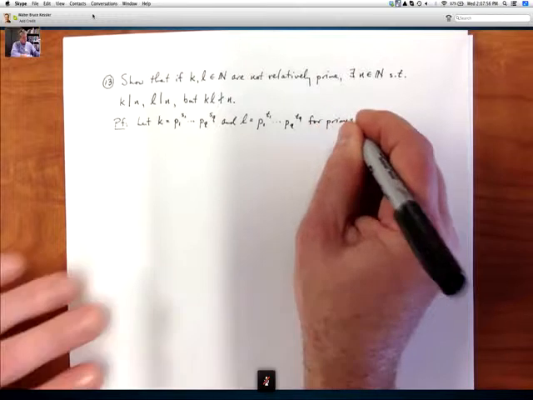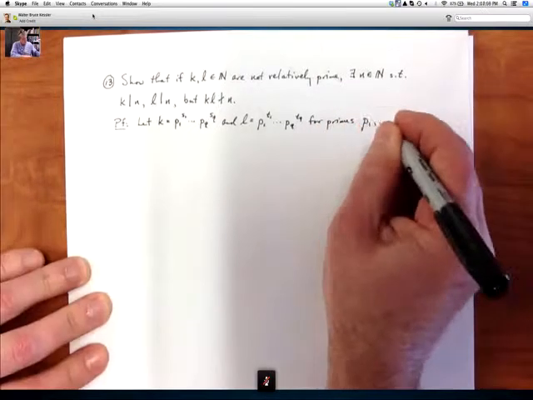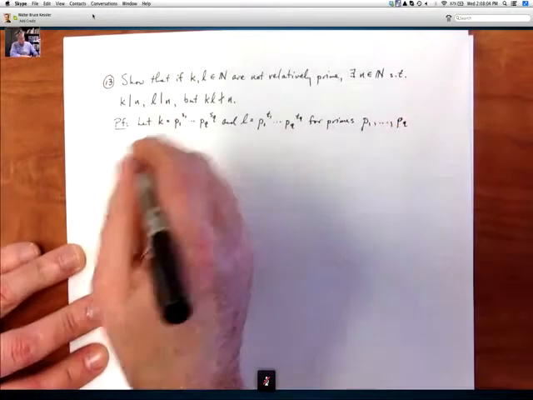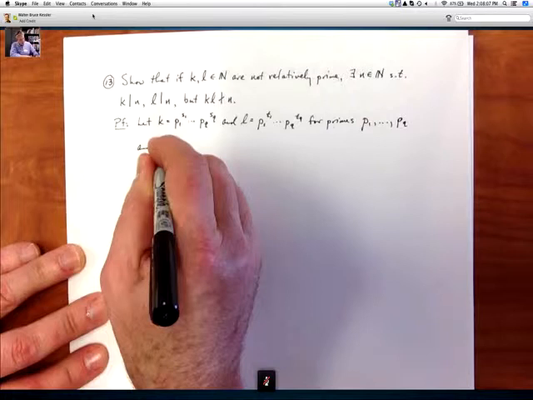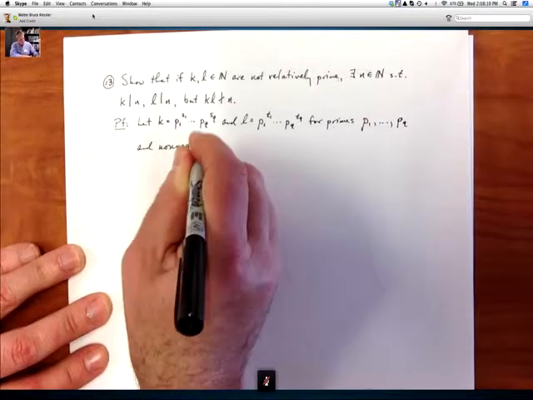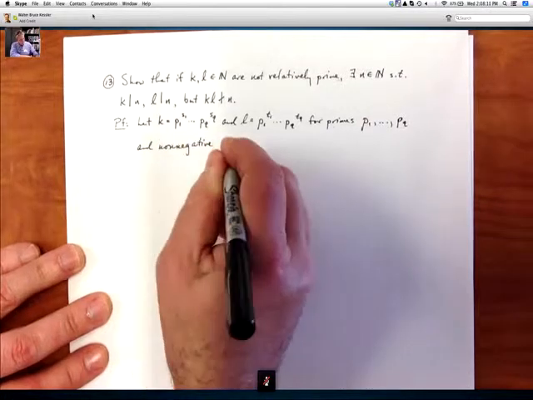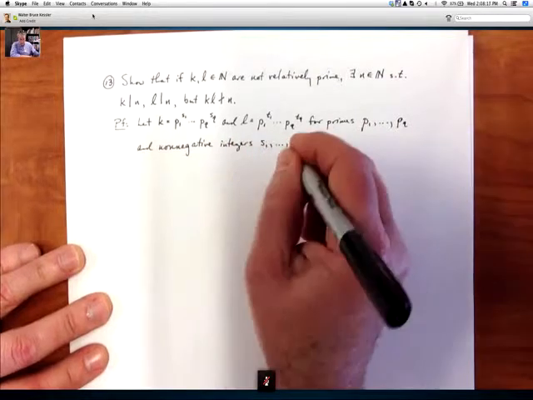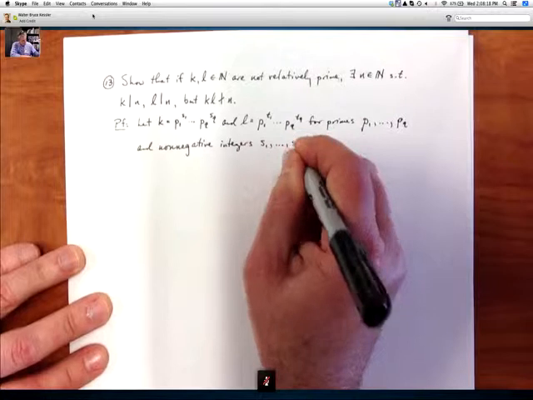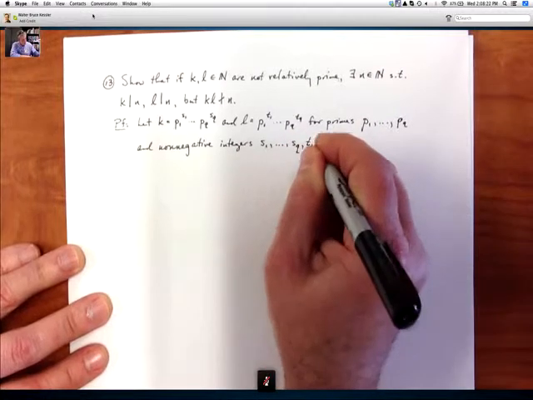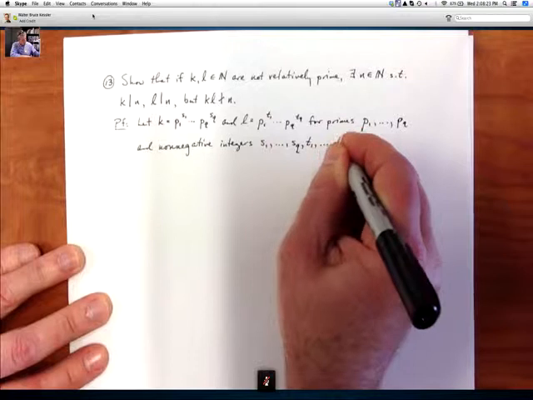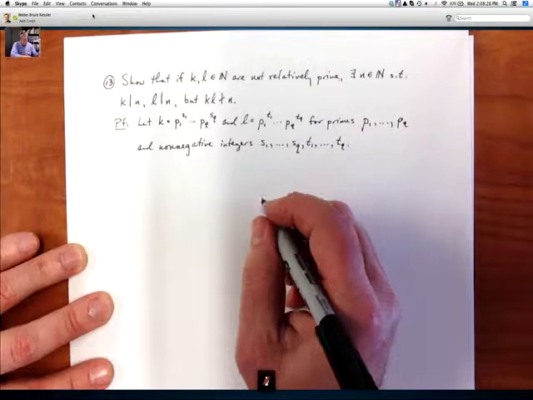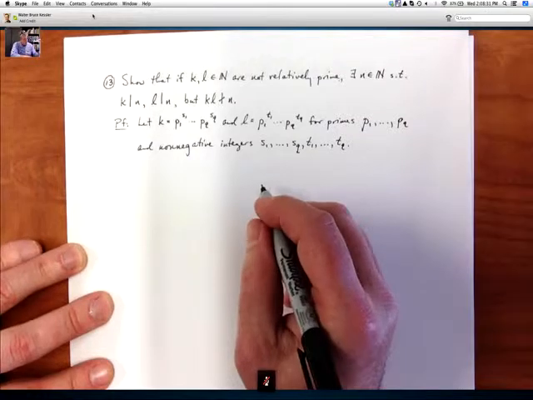For primes p1 through pq, and non-negative integers s1 through sq and t1 through tq.